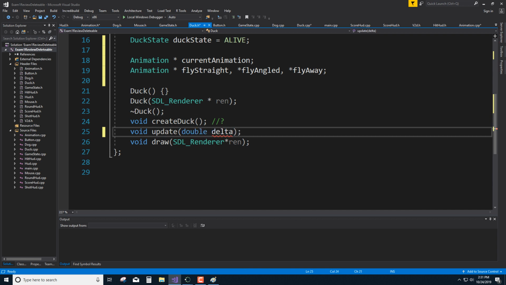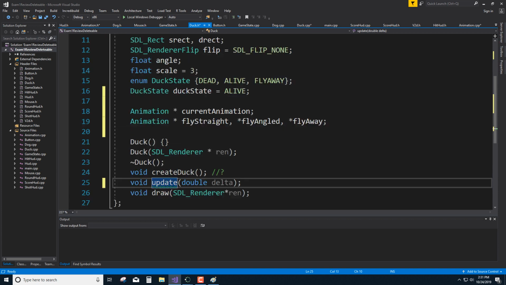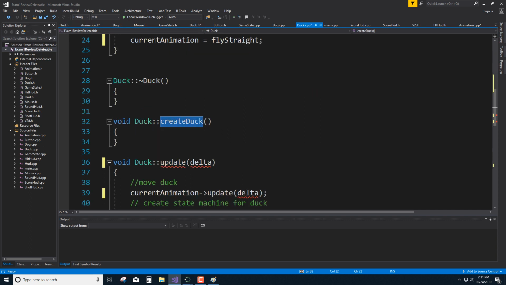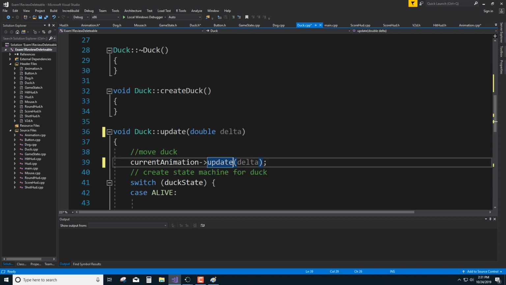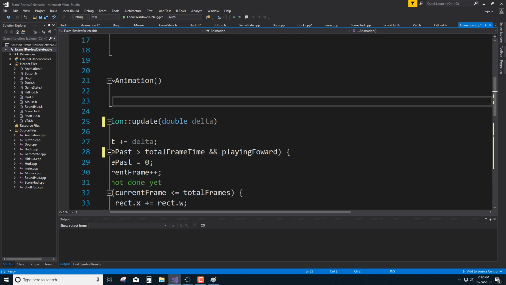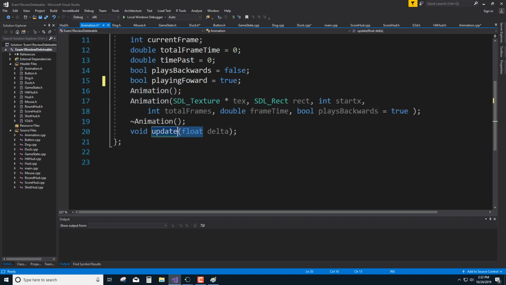Let's say this is a double, right? Double delta. And we can pass our update. I put float there, but it would still work. Okay, delta's going everywhere.